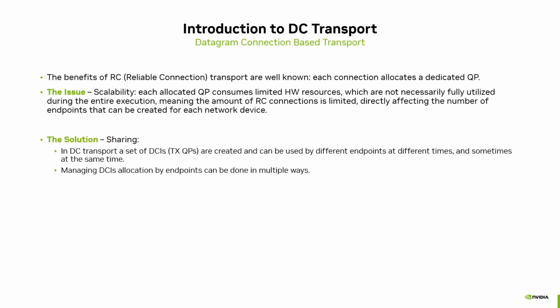So the solution is using DC, which allows sharing QPs or transferring QPs from one endpoint to another. When I say transferring, I'm referring to using the same QP to send to different EPs, and not sending the QP to another EP.